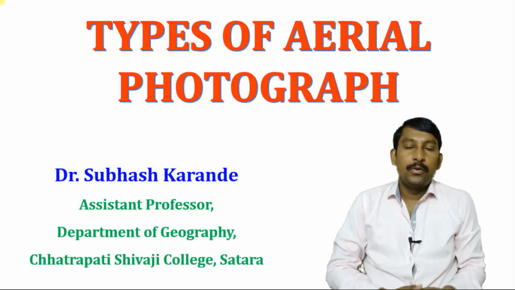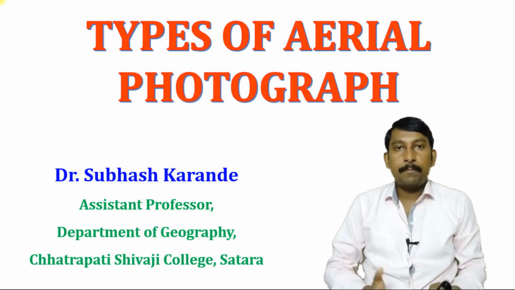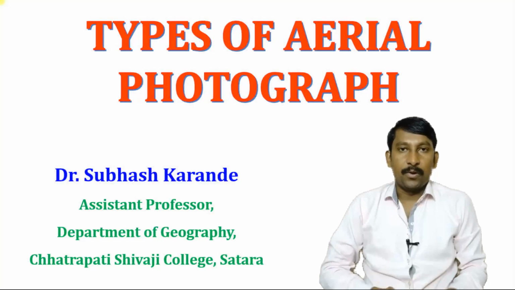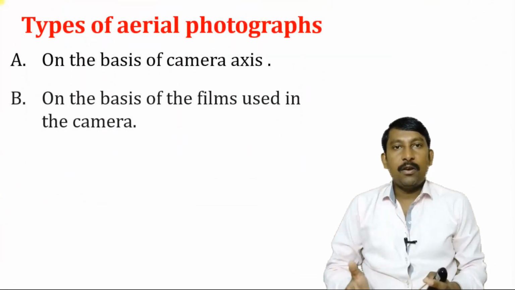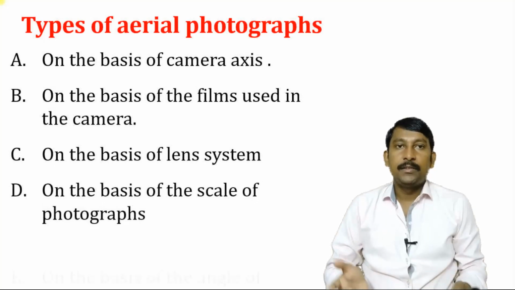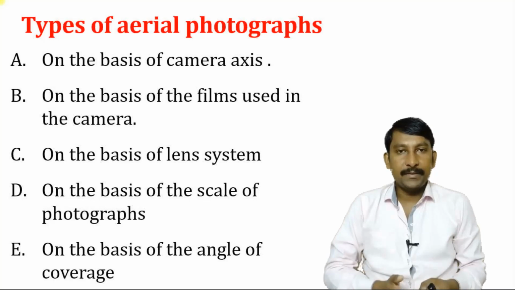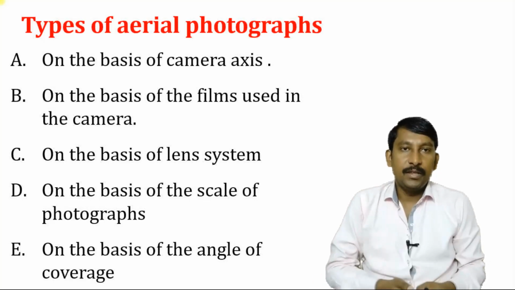Today, we learn about an important part of aerial photography, that is the types of aerial photographs. Aerial photographs are divided on the basis of different things. First, aerial photographs are divided on the basis of camera axis. Aerial photographs are divided on the basis of film used in the camera.